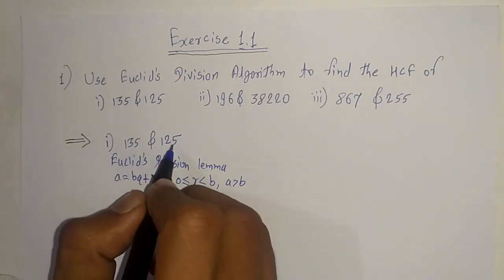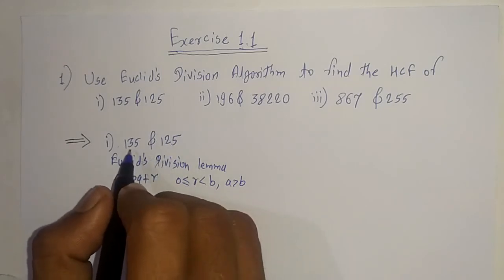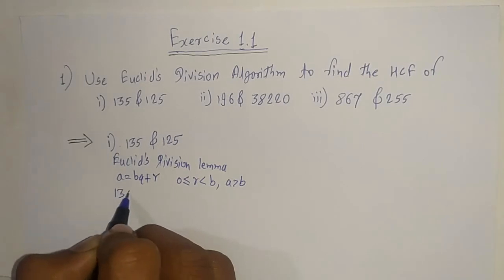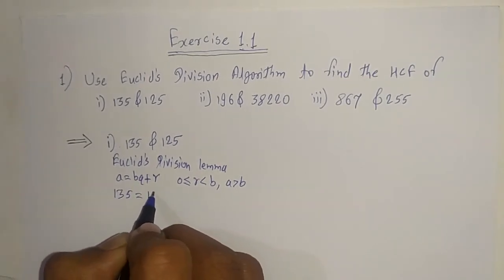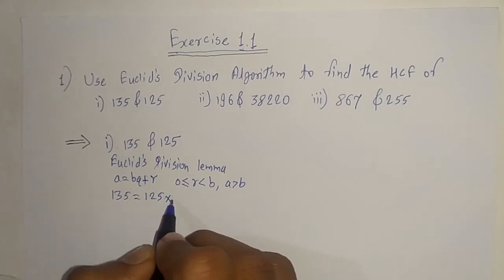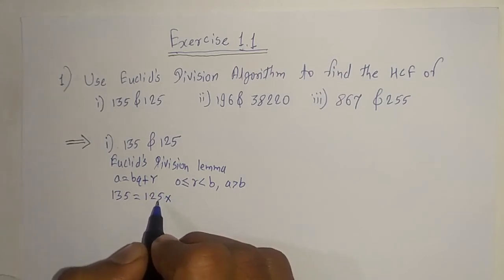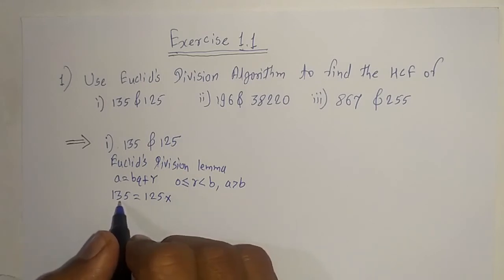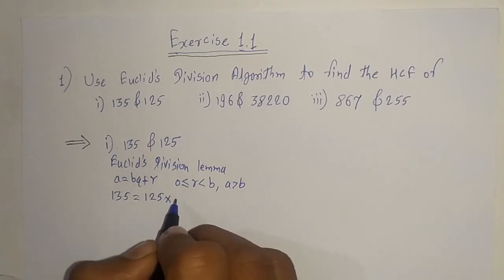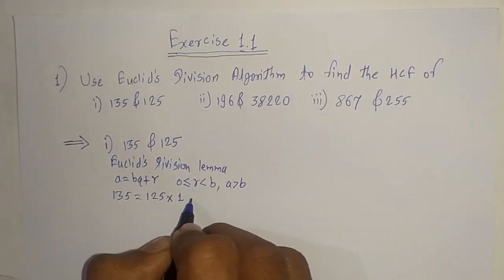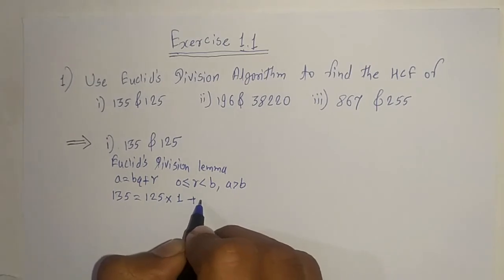A should be greater than B, so value of A should be 135. So 135 equal to 125 into what will be the quotient? It will be 1, because if you multiply by 2, then it will be 250, which will be greater than A, 135. So that is not possible. So 125 into 1, you will get remainder as 10.